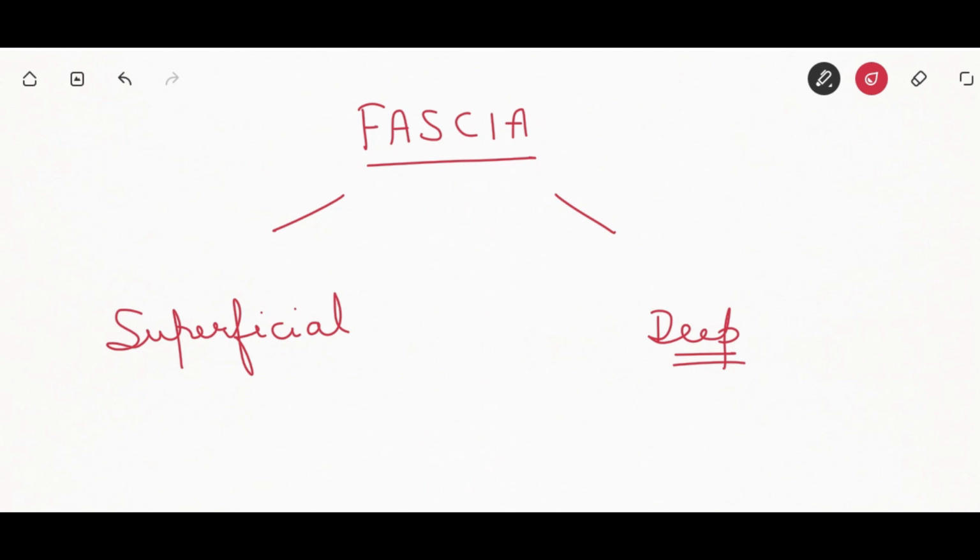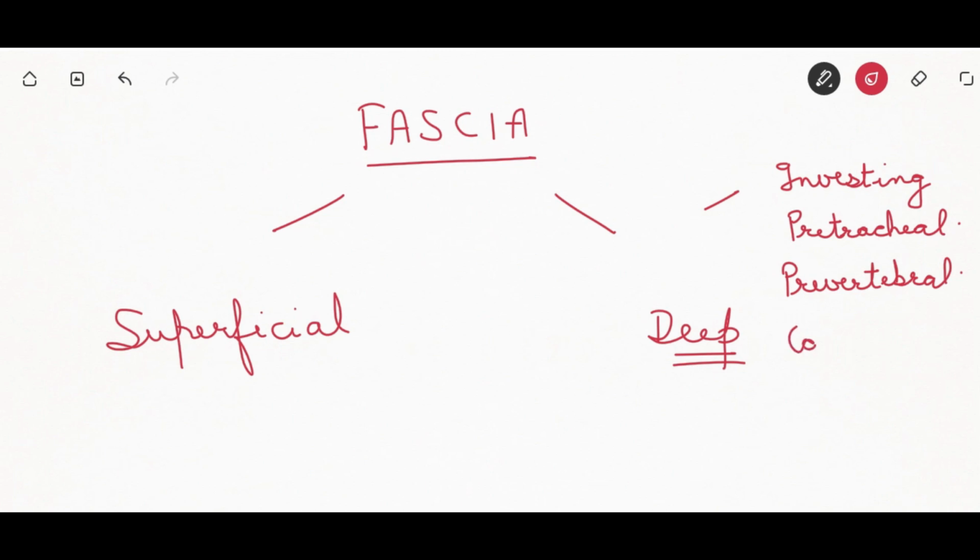The superficial fascia is the subcutaneous tissue present just below the skin, whereas the deep fascia is present around the muscles, blood vessels and the organs of the body. The deep fascia around the neck is known as deep cervical fascia or fascia colli. Why the name fascia colli? As it forms a collar around the neck.